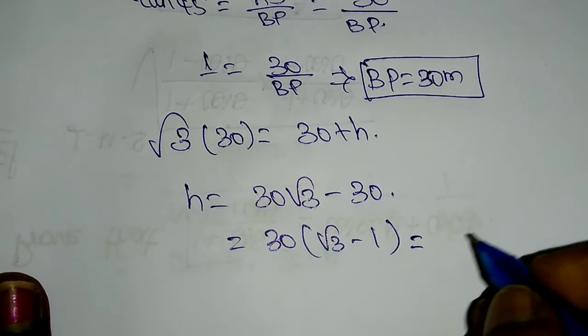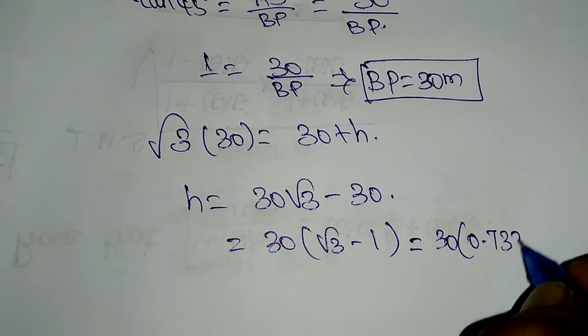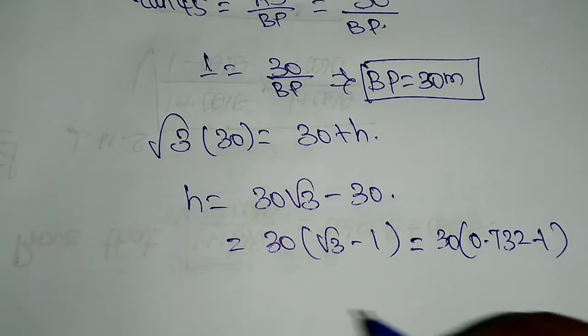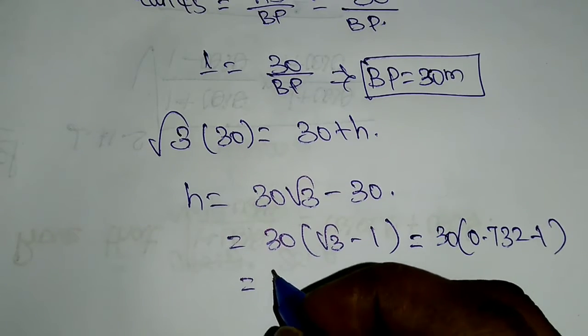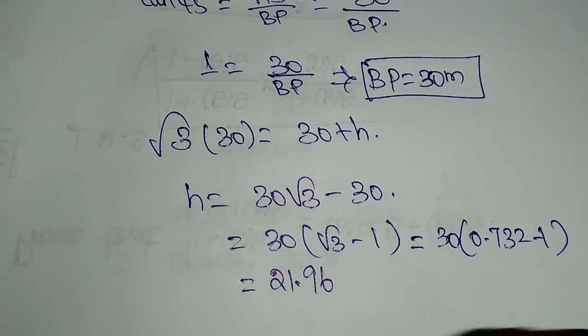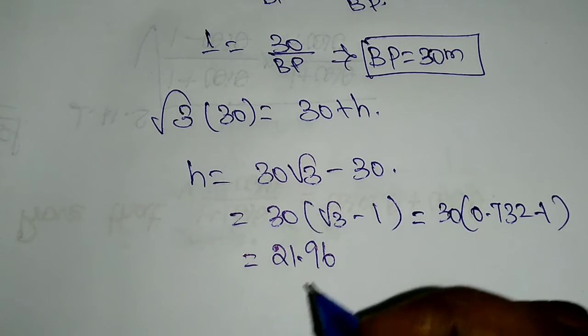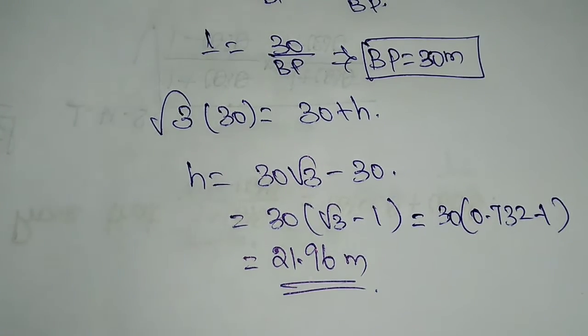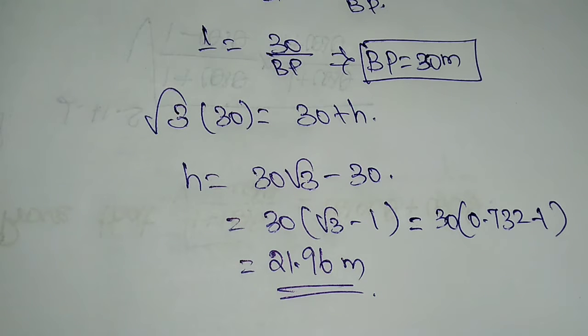Here it can be written as 30 into 0.732. So here we get the answer as 21.96. H is approximately 22 meter. So here the height of the tower is 51.96 meter.